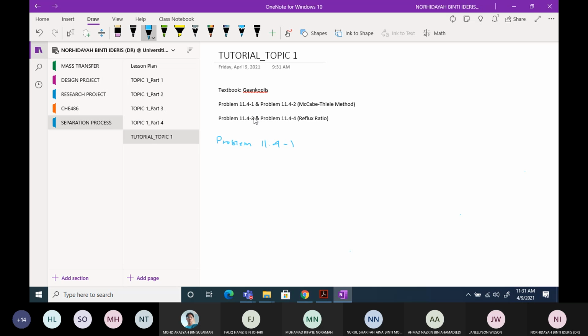A rectification column is fed at 100 kilogram moles per hour of a mixture of benzene and toluene.